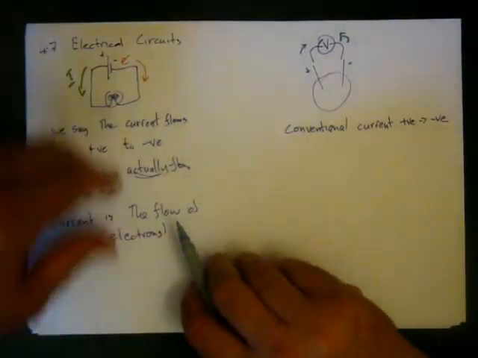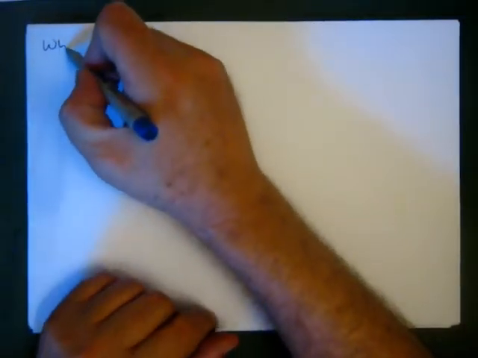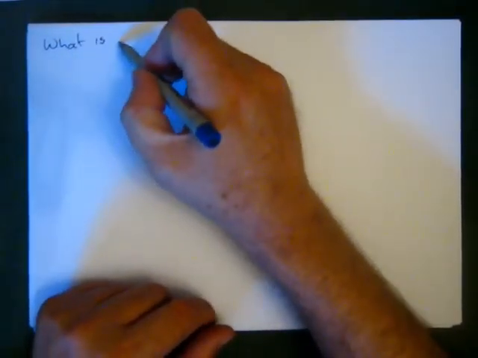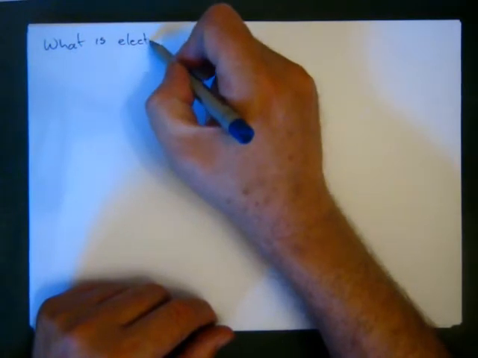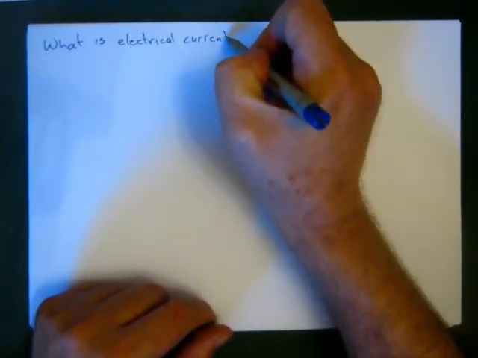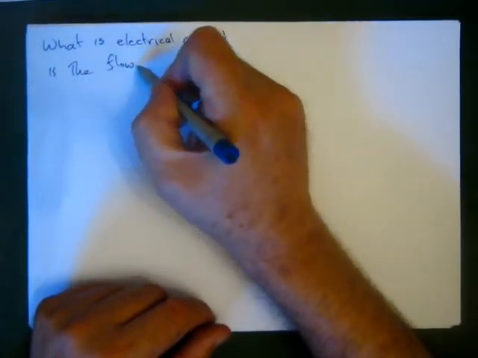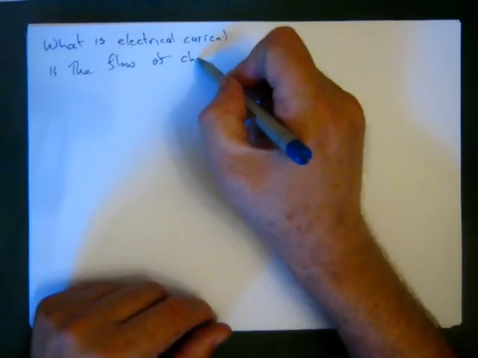Okay, so let's get back to, we were talking about current. What is current? What is electrical current? So basically electrical current is the flow of charge.